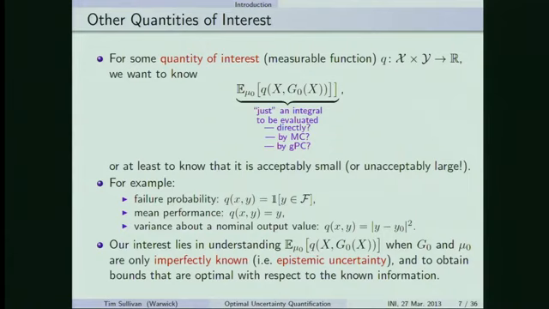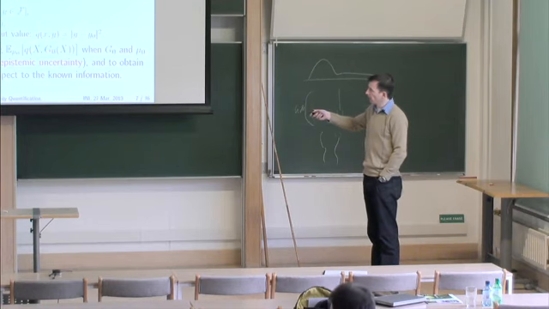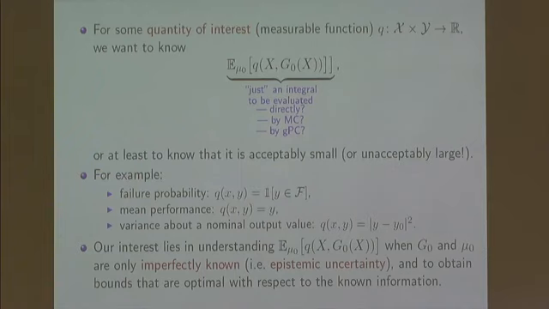And the key point is I'm interested in understanding this thing, which I can't really know because it's got reality's zeros on it, when I don't know G0 or mu0 perfectly. So I've got what I would call, in fancy terms, epistemic uncertainty about these key ingredients in my desired object to know.